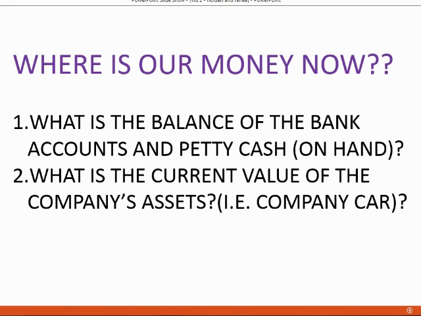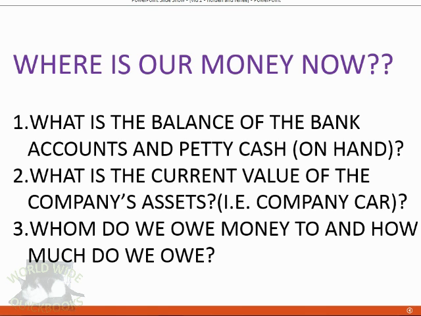Or in Holden's case, what is the value of the equipment that he uses? That's also financial information that accounting has to account for. Another way of answering the question, where is our money now, is figuring out how much we owe and whom we owe the money to.